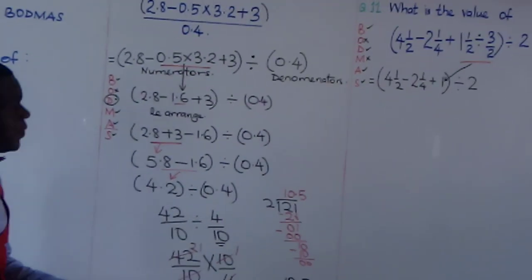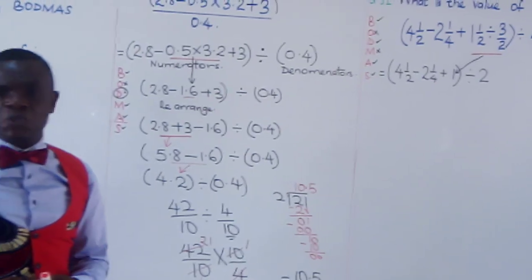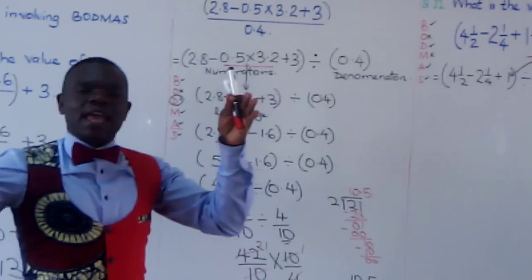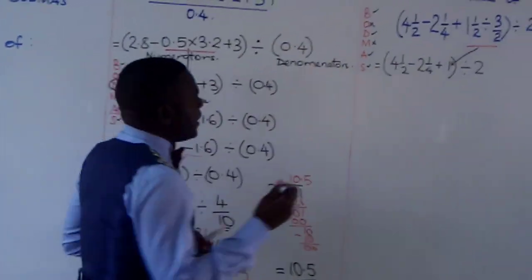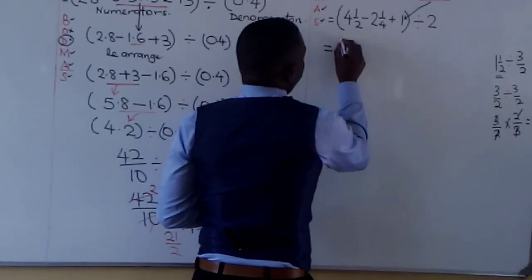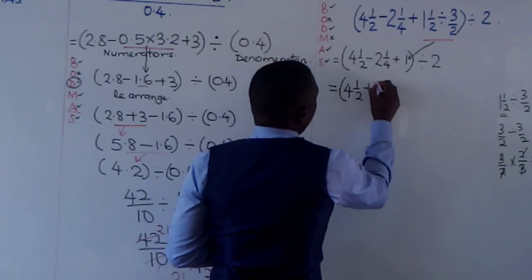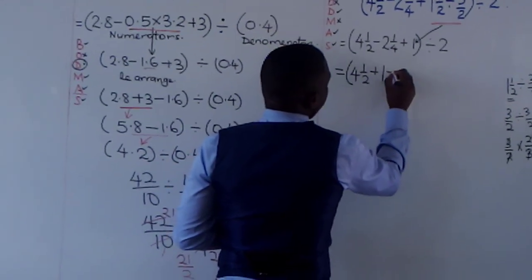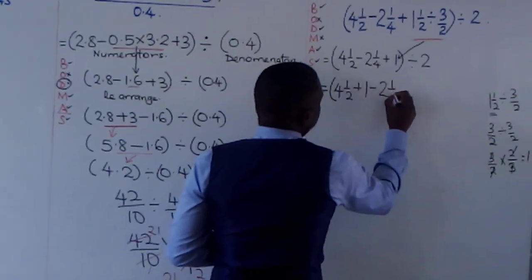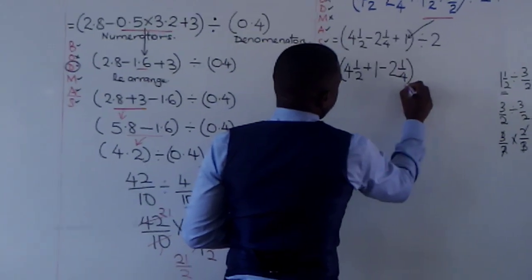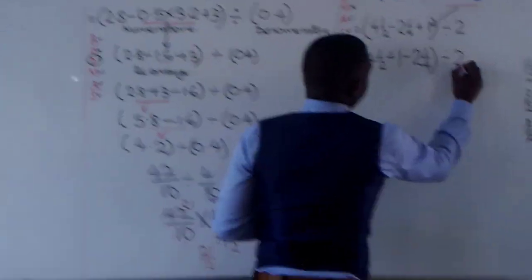Very good, Ngushu. Clap for Kebata and Ngushu, class. Brilliant children. And so the next step is we have rearranged 4.5 plus 1 minus 2.25. Close the bracket, divided by 2.